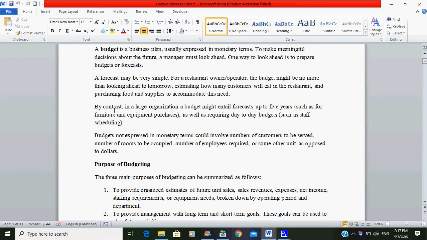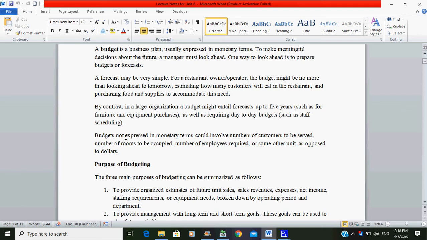By contrast, in a large organization, a budget might entail forecasts up to 5 years, such as for furniture and equipment purchases, as well as requiring day-to-day budgets, such as staff scheduling.